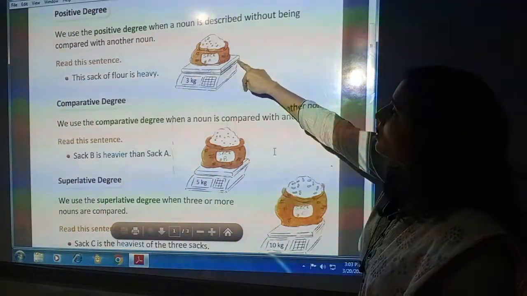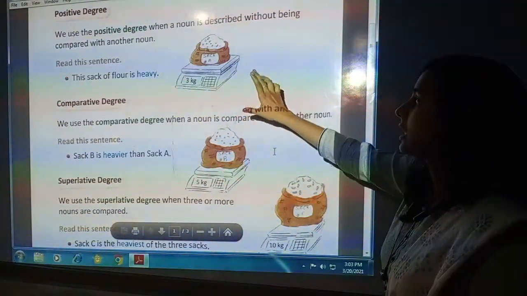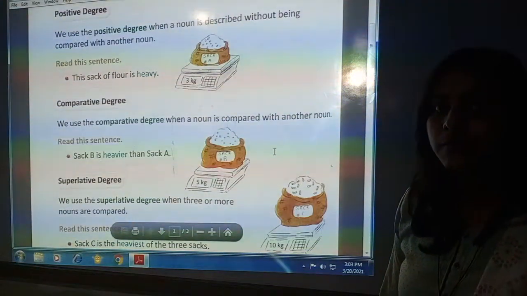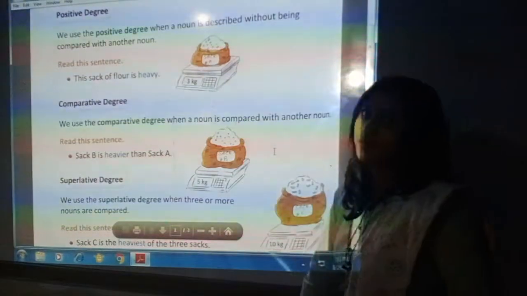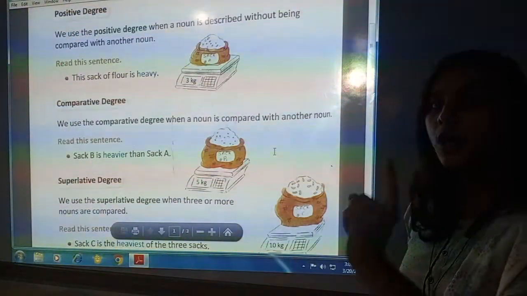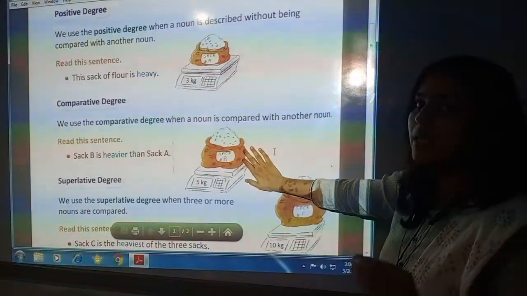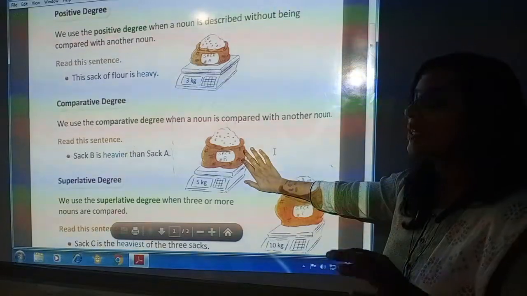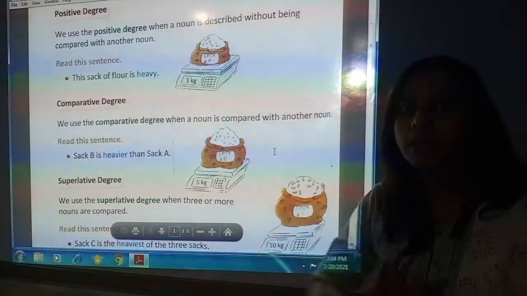So these two nouns are compared, and the comparison is made about one quality, that is weight. Clear? That is why the adjective heavy is used. They should have one common quality, keeping it in the center, and with that common quality two nouns will be compared.